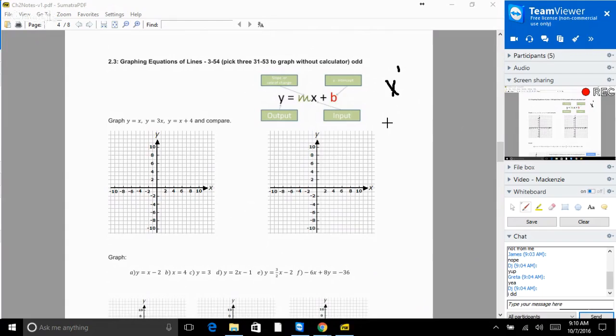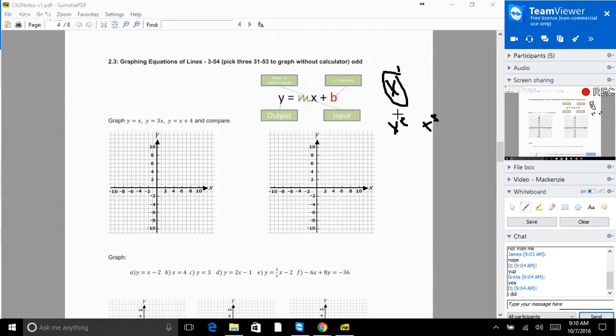But as soon as you have in your equation an x squared, an x cubed, x to the fourth, x to the 1/2 power, square root of x, absolute value of x, then it no longer is a linear equation. So the single variable x tells you that it's a linear equation. Anything else, you're not going to get a line.